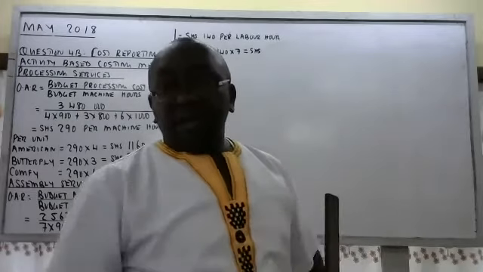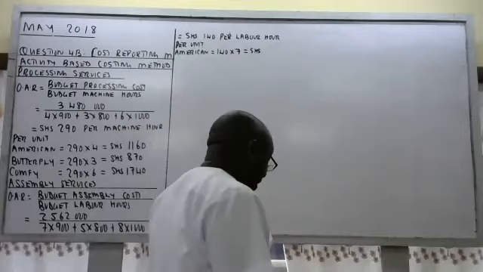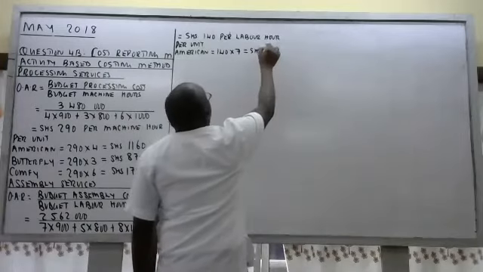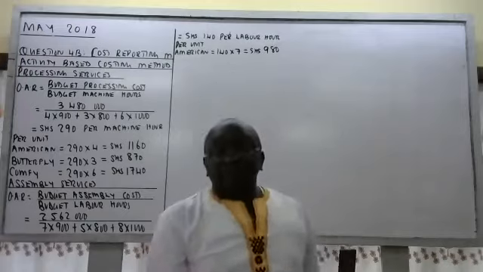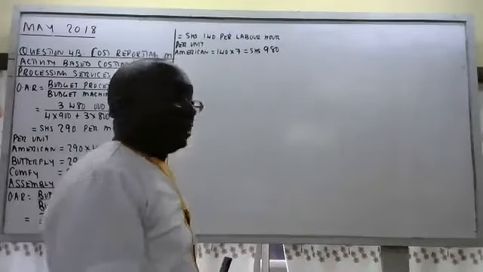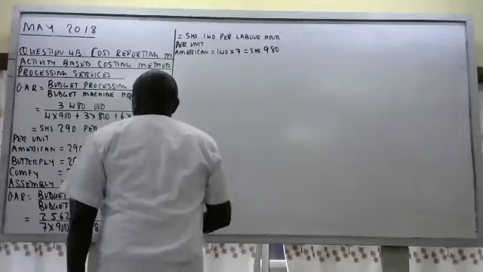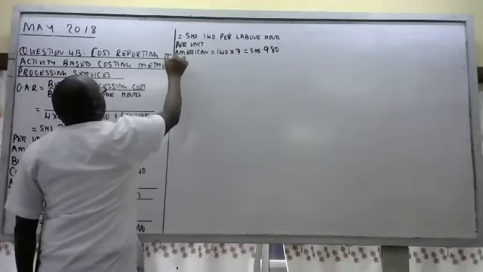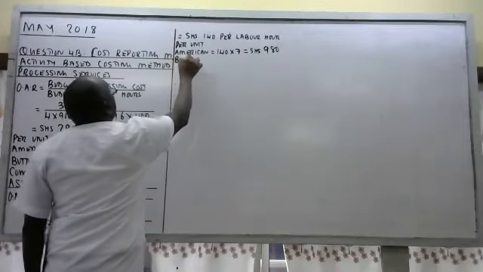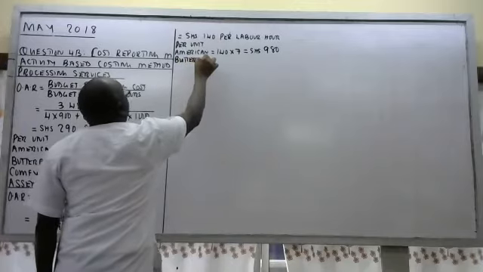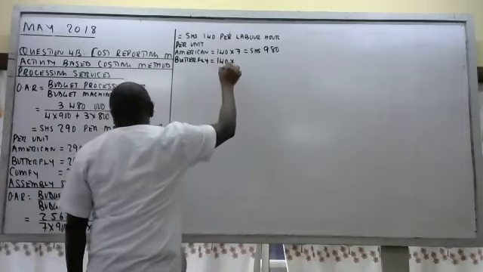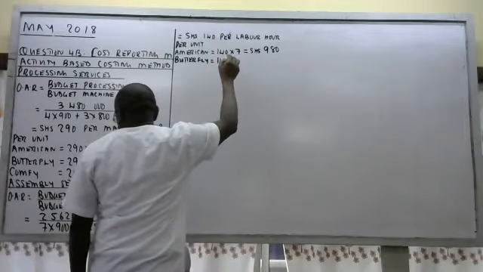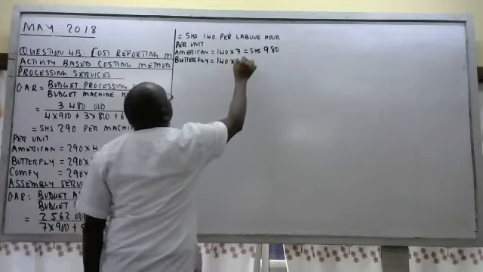Yes, June, Ivarin, 980. The same from Royce. Then butterfly will be 140 times 5.